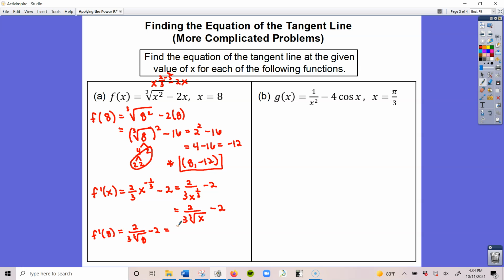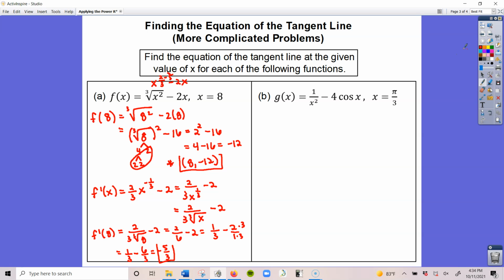So over here we have 2 over 3 times 2, which is 6, minus 2. 2 over 6 can be simplified to 1/3 minus 2. Now this I can subtract. So I'm going to put this over 1 and find the common denominator, which is 3. So we're going to do 1/3 minus 6 over 3. And 1/3 minus 6 over 3 is negative 5 over 3. So this is my slope.